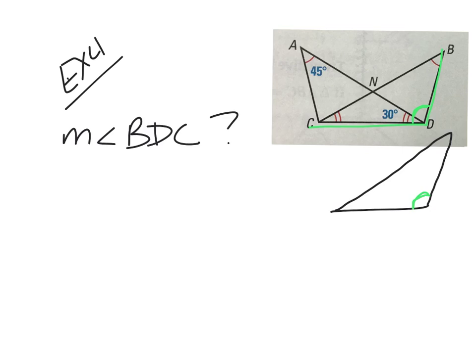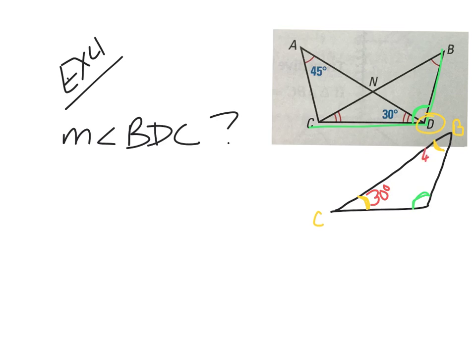So, can I tell what angle that one is congruent to? This is angle C. What angle is angle C congruent to? Angle D, absolutely. So that I know that the measure of this is what? 30 degrees. Now, if I'm looking at the measure of angle B, which one is that one congruent to? 45.